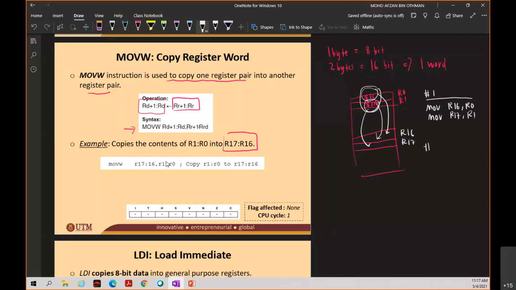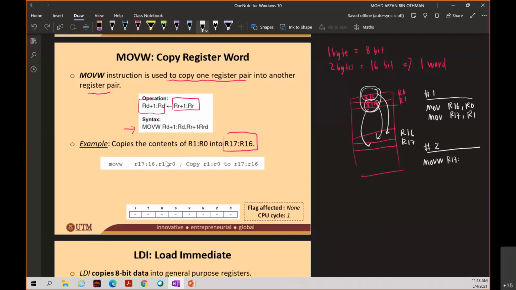The second way is by using the MOVW instruction, where we move one word of data to a pair of registers. To do that, you just write MOVW. What is the destination register?